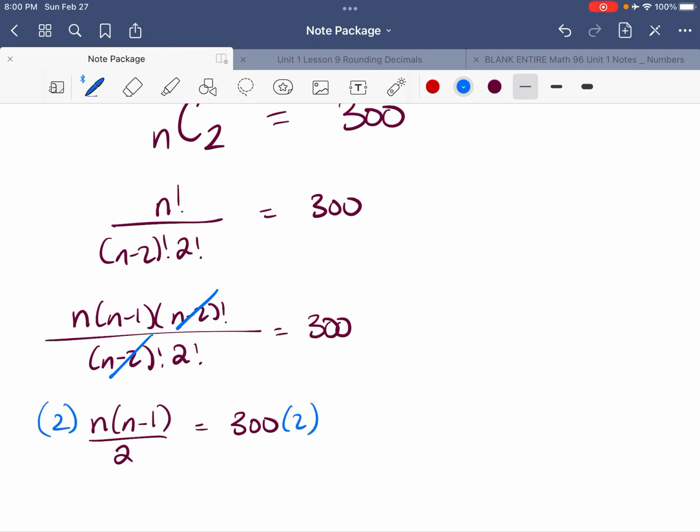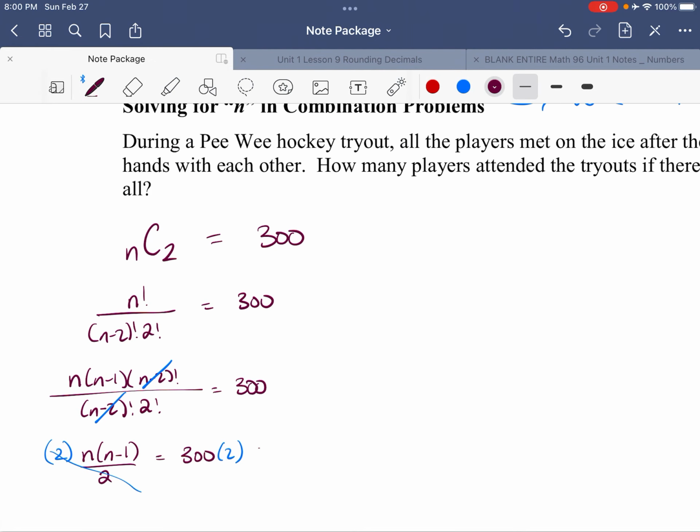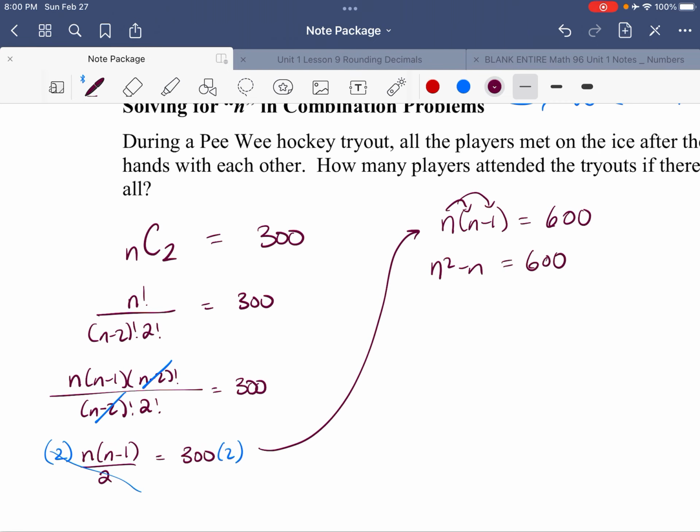Let's get rid of that 2, so multiply by 2. And then I'm going to bring this up here. And we get n times n minus 1 is equal to 600. And then we can actually expand and solve for this. So n squared minus n, that's distributing the n. And then bringing the 600 over.